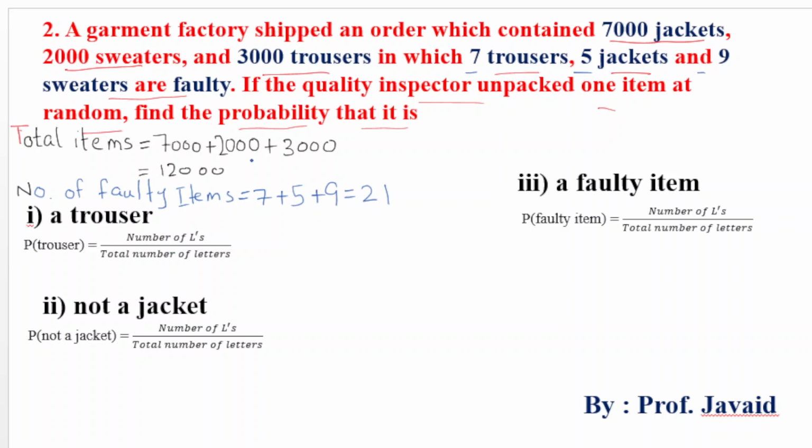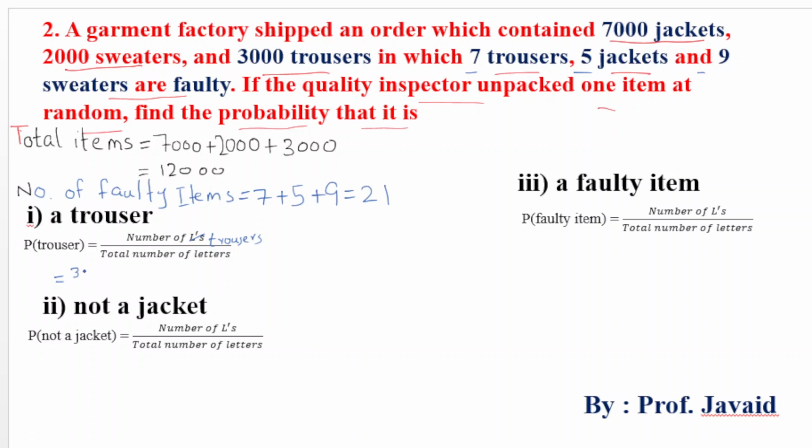The basic data that is given to us. Now, in the question, what is given to us? Probability of trouser. Okay, I already wrote the formula. So the number of trousers: how many trousers are there? If you see, 3000 trousers.